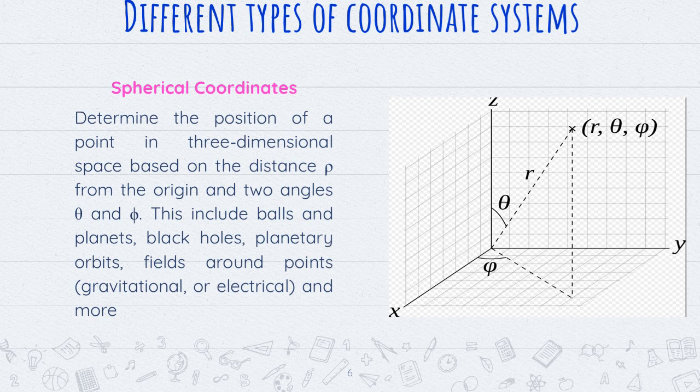Now the third coordinate. The third coordinate of a spherical coordinate system is similar to that of the cylindrical coordinate system, as I mentioned, phi. Phi is the angle of rotation along the xy plane. Imagine phi equal to a constant plane, similar to the cylindrical system.